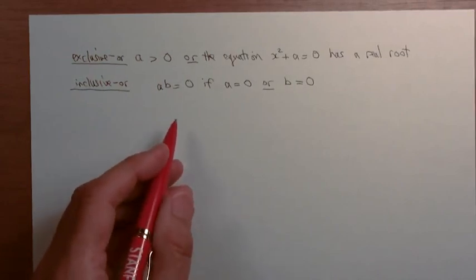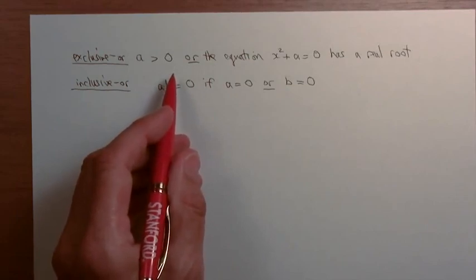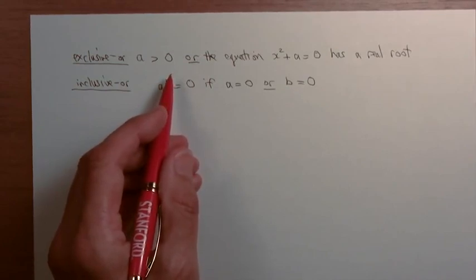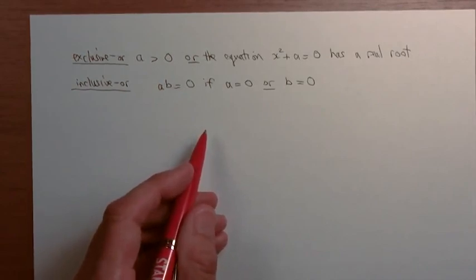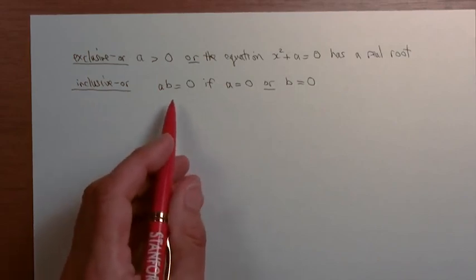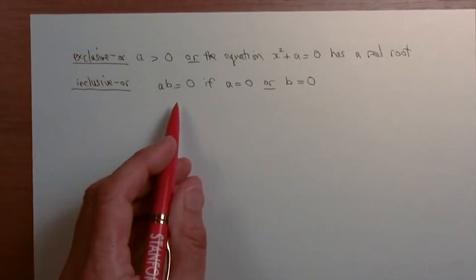Incidentally, it doesn't matter if you try to enforce the exclusivity by putting an either in front of it. If you look at the way the word either operates, if you say either this or that, then the either simply reinforces an exclusive OR if one happens to be there. In the case of the second one, you could say AB equals 0 if either A equals 0 or B equals 0, and in fact that doesn't enforce the exclusivity at all.